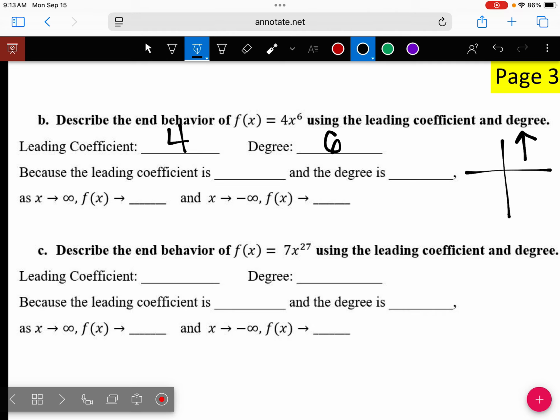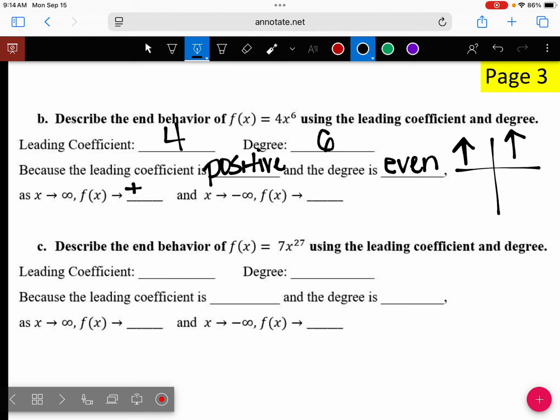Because the leading coefficient is positive and my degree is even, what do you think this graph is going to do on the left side? Show me with your thumbs. On the left, is it going to go up or down? I need everybody to show me. What would you say for the left? Good, it's going to go up because it matches. So because both sides go up, I'm going to put positive infinity on both of these blanks.